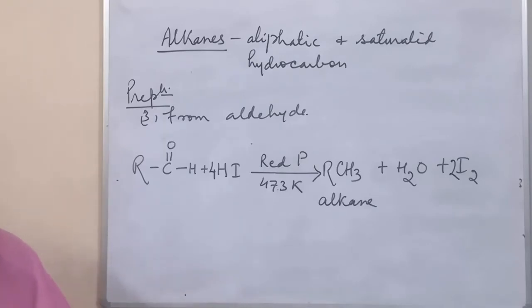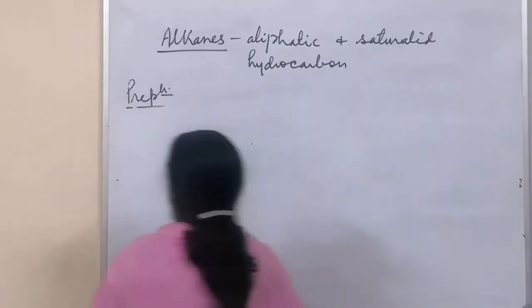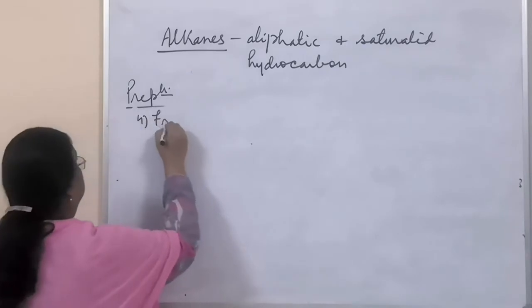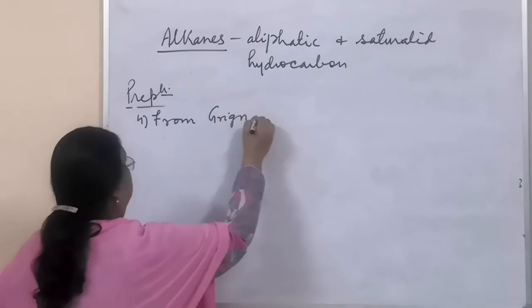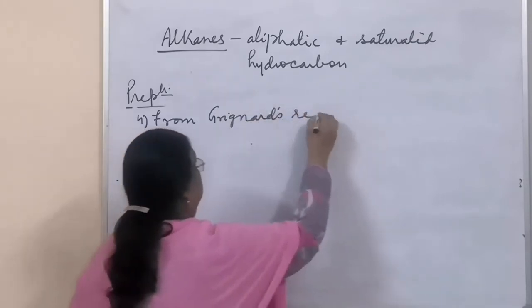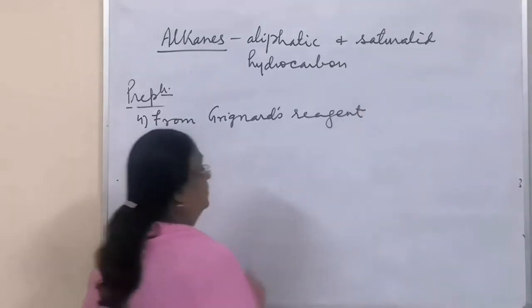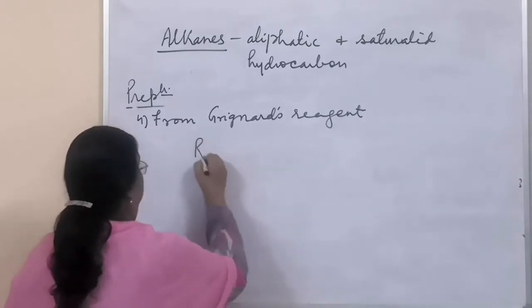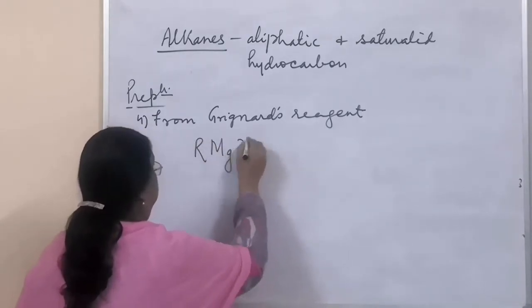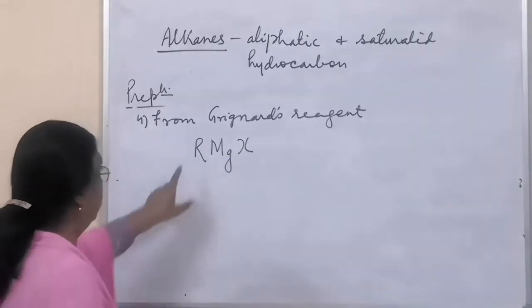The next method is from Grignard's reagent. The fourth method is from Grignard's reagent. I mentioned it to you while I was teaching mechanism, carbanion. This is RMgX, Grignard's reagent, an organometallic compound.